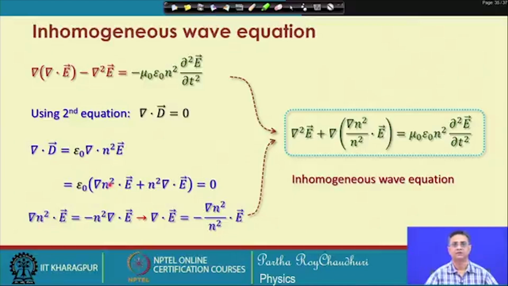So, this quantity must be equal to minus of this, that is what is written here: del n square dot E equal to minus n square del dot E. That gives you the value of del dot E, that is del dot E equal to minus del n square by n square dot E. So, this time it is not 0, which was 0 in the case of a homogeneous medium, but this time it is not.